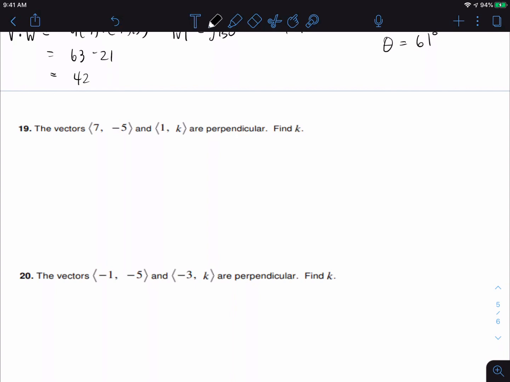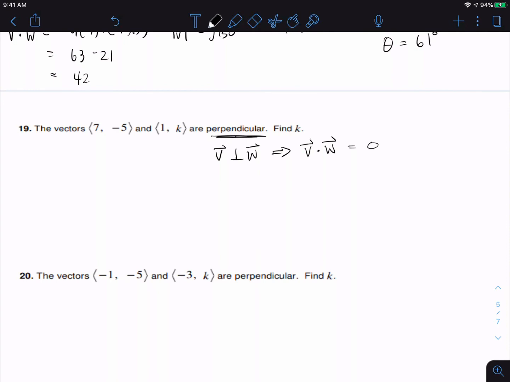Now, one thing that's interesting about this is it says when vectors are perpendicular, something interesting happens. Yes, your calculator should be in degrees. Okay, no problem. So here, when we talk about perpendicular, if vector v is perpendicular to vector w, that implies that the dot product of v times w is always going to be 0.